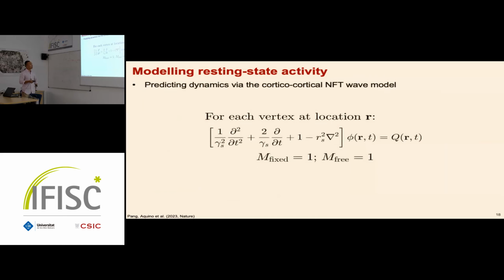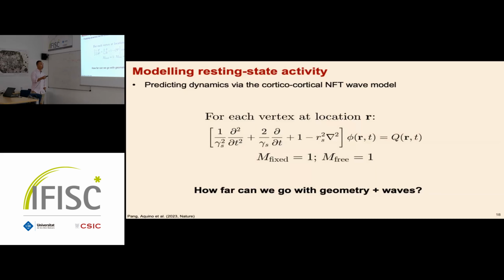What I wanted to do is strip away all the intricacies of the neural field theory and ask a really simple question: how far can we go with just cortical geometry and a description of wave dynamics, without your intricate firing array and so on? I will go back to this equation, and it's really simple because you only have one parameter here and another parameter there, and I can fix one of them to make it as simple as possible.